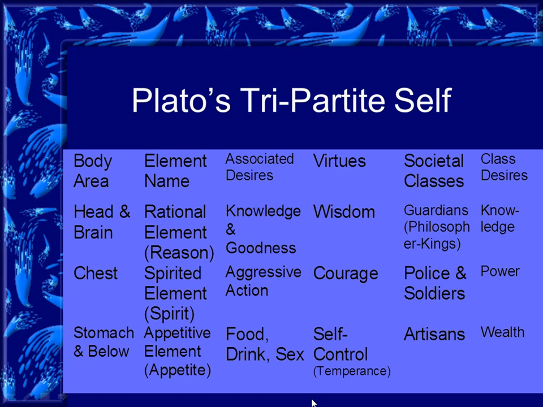Now, the thing that you need to see is that Plato thinks that every person has all of these three parts. But, and this gets into ramifications for his political state, not everyone has them in the same degree.